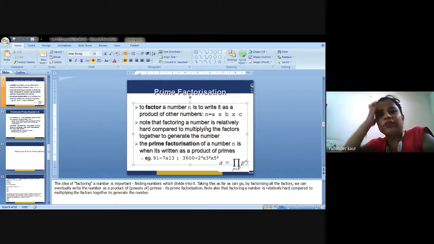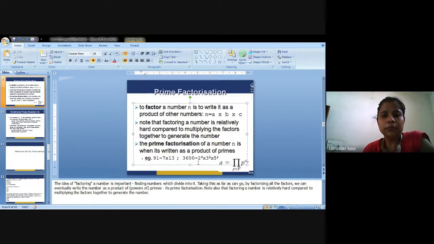Prime factorization of a number n is when it's written as the product of primes. For example, 91 could be written as 7 into 13. 3600 could be 2 raised to power 4 into 3 raised to power 2 into 5 raised to power 2.